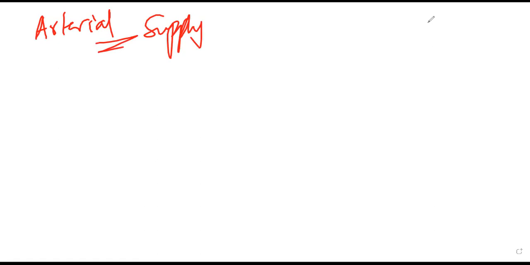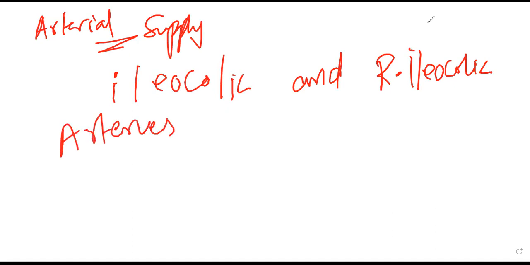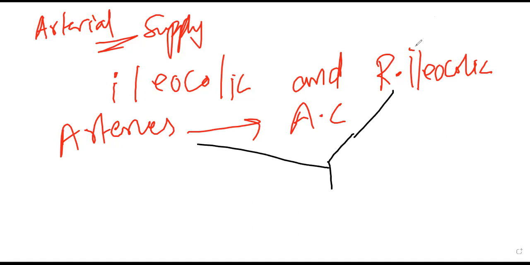The ileocolic and right colic arteries supply oxygenated blood to the ascending colon, and these are the branches of the superior mesenteric artery.